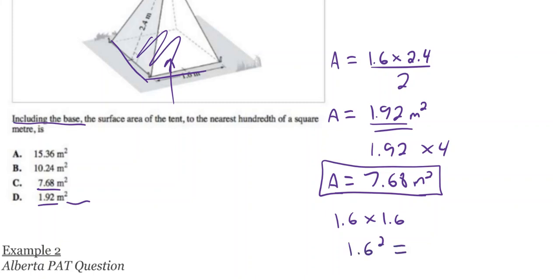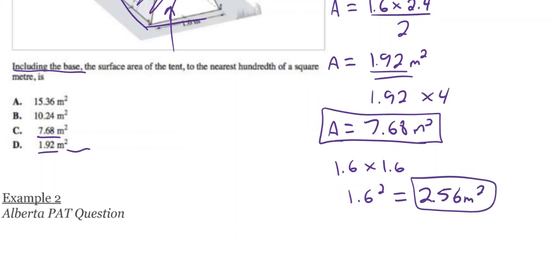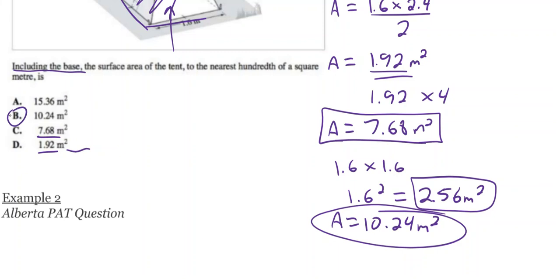So we get 2.56 meters squared. All right, then add them together. We get the area is equal to 10.24 meters squared. So here that would have been B.